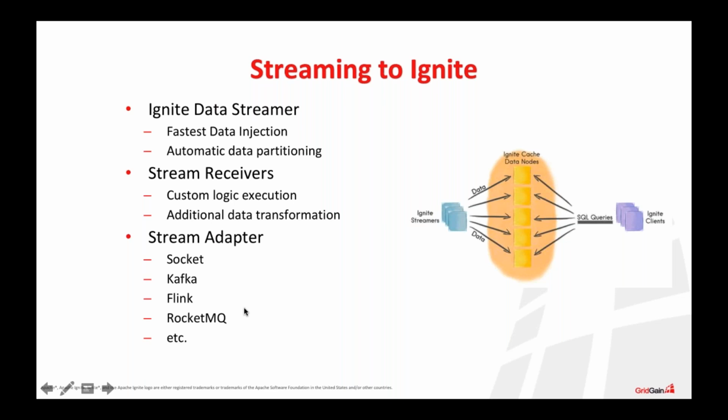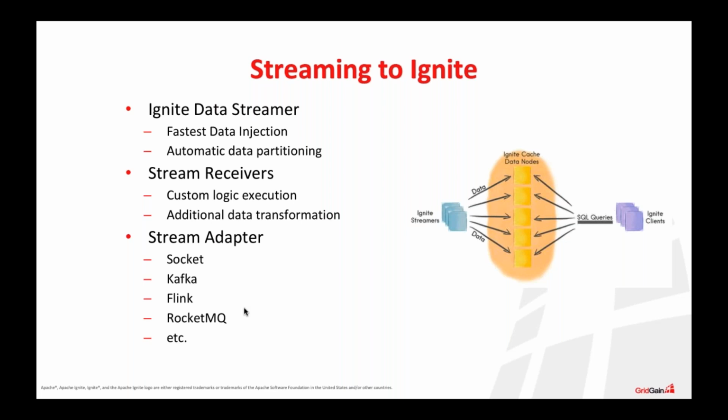And also there are different ways. So Ignite Data Streamer is kind of the low-level API, but it's pretty easy to use. At the same time, Apache Ignite developed special streaming sources using a so-called stream adapter concept.